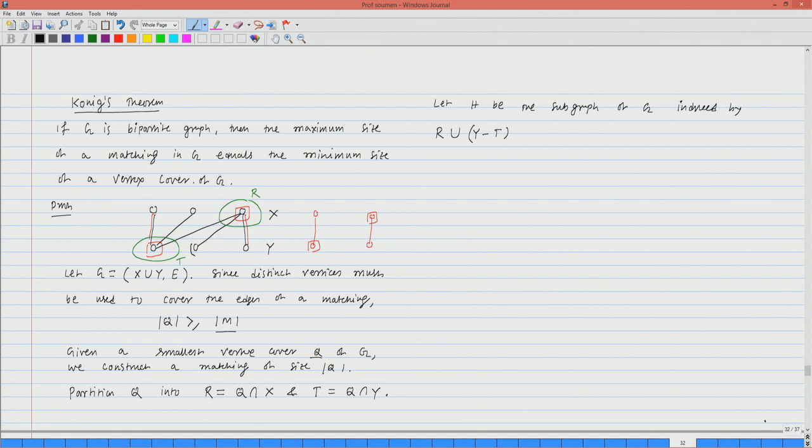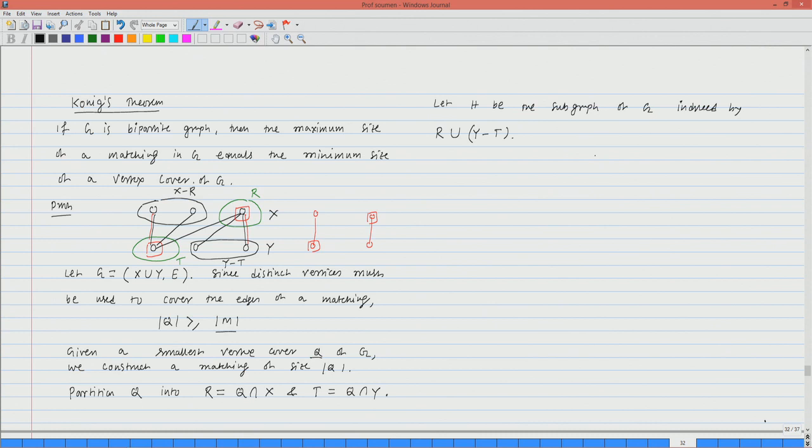This part is Y minus T, because the whole thing is Y. So, this is Y minus T, and this is X minus R. So, H be the subgraph of G induced by these vertices.